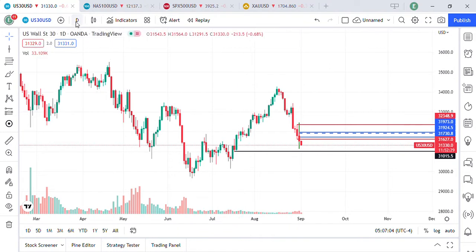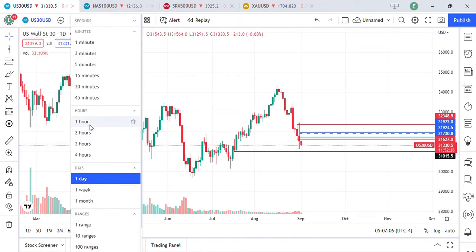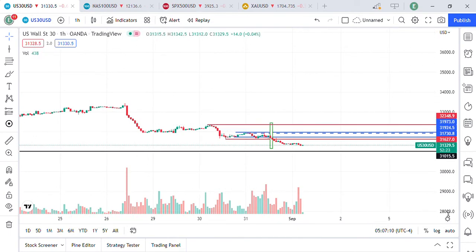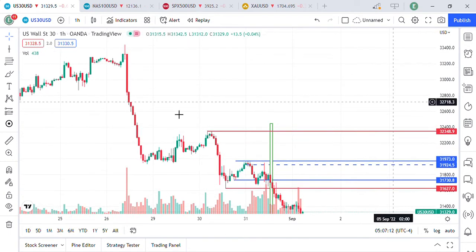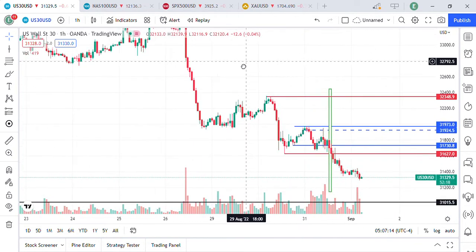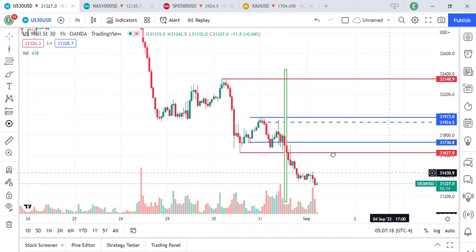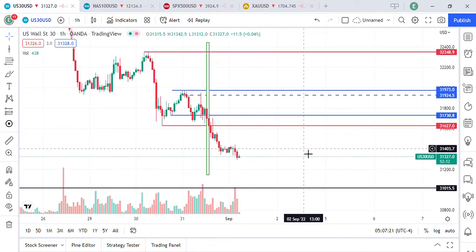Okay, so now going down to the 1 hour time frame. The 1 hour time frame is also bearish, but remember, you can't just sell because you see the trend being bearish.